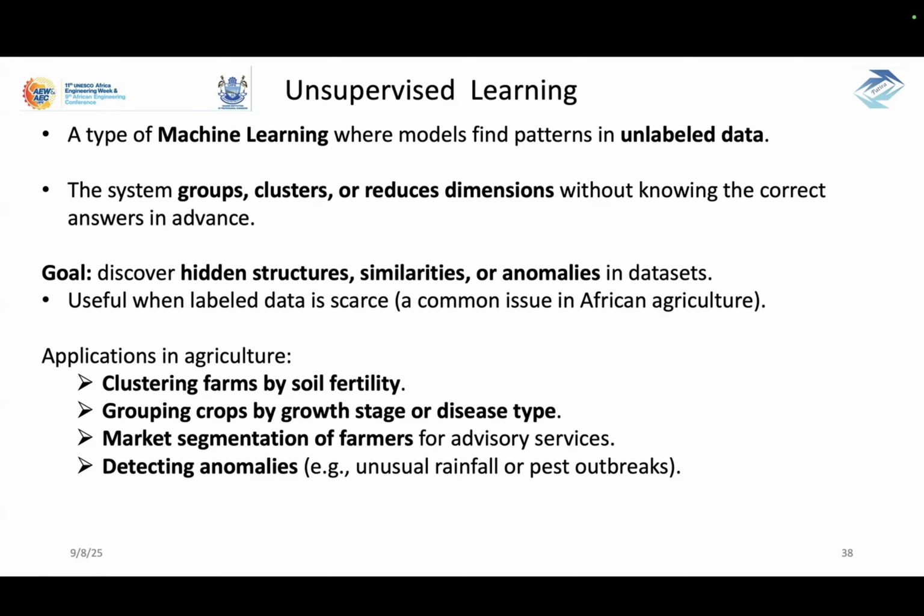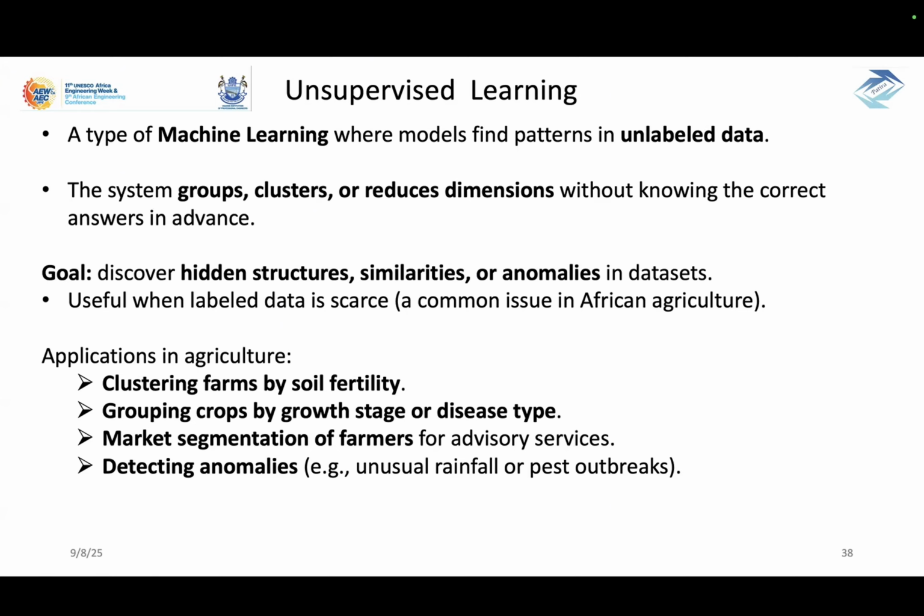Okay? So the goal here, you don't know anything about your data. So the goal here is to discover hidden structures, similarities, or anomalies in data sets. It's always used when labeled data is scarce. It's commonly used in African agriculture.